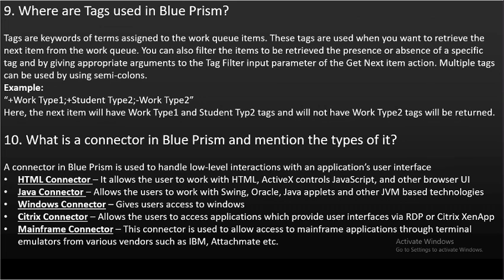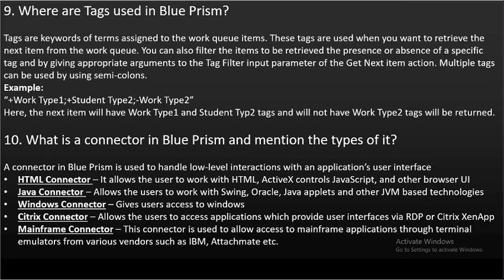Moving to the next one, what are the tags used in Blue Prism? Tags are the keywords or terms assigned to the work queue items. These tags are used when you want to retrieve the next item from the work queues. You can also filter the items to be retrieved by the presence or absence of specific tags by giving appropriate arguments to the tag filter input parameter of Get Next Item.